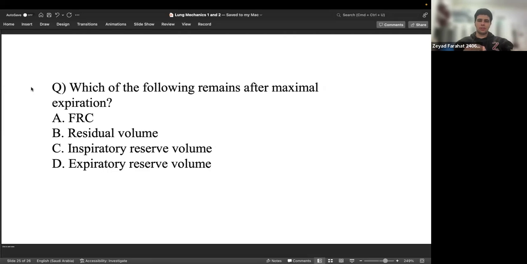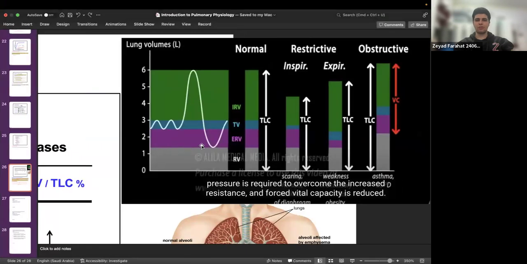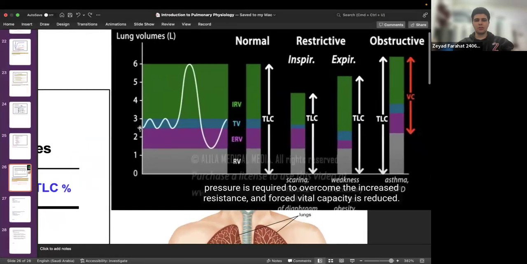Why is it residual volume? We said the curve for the ventilation goes like this. Wait a second. Yes, here it is. So the curve for ventilation is like this. You maximally expired. This is the tidal volume. Remember, expiration is downwards. Expiration is always negative in this world, literally. So if you're ventilating, it's going down.